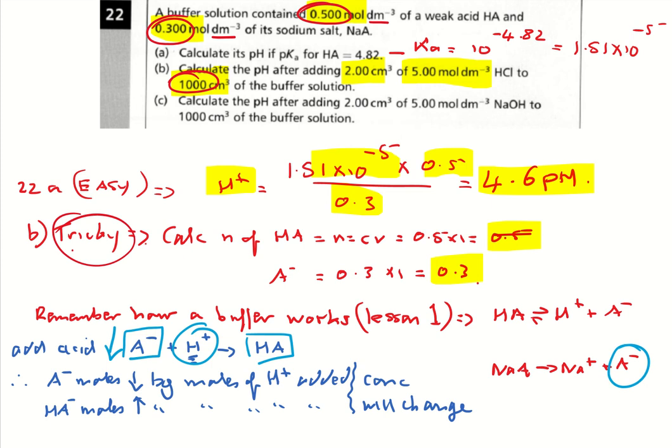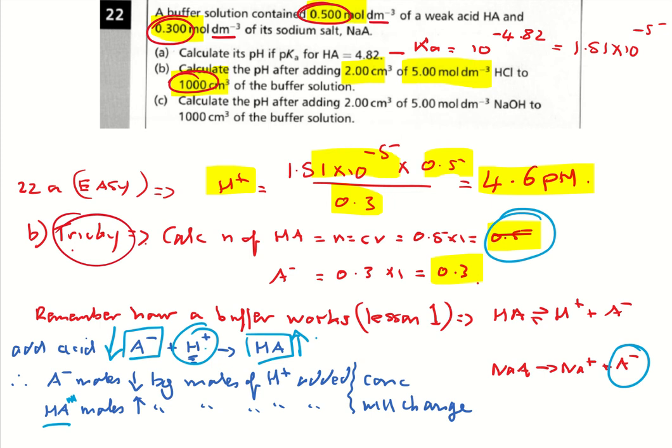On the converse of that, the amount of acid that's in there will increase, because you can see here, when you add hydrogen ions to a buffer, you're making the acid. So when you add the acid, the number of moles of acid that you had in here, which was originally 0.5, will increase by the number of moles of hydrogen ions that you added.